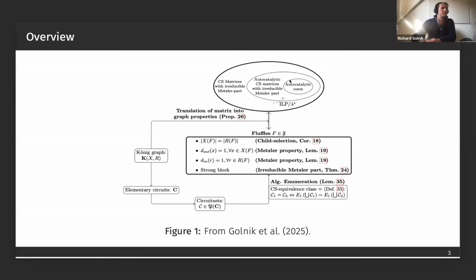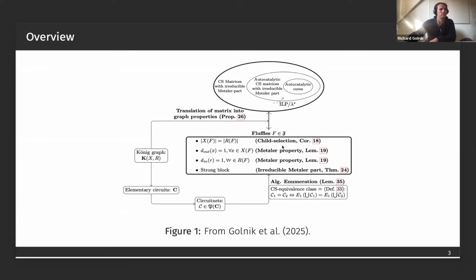The problem is, of course, that in a graph the stoichiometry is not encoded, and that's why we cannot find a direct representation of these matrices in the directed bipartite König's graph. But there is an equivalent representation for child selection matrices with irreducible Metzler part, for which we can then check whether they are autocatalytic or not.